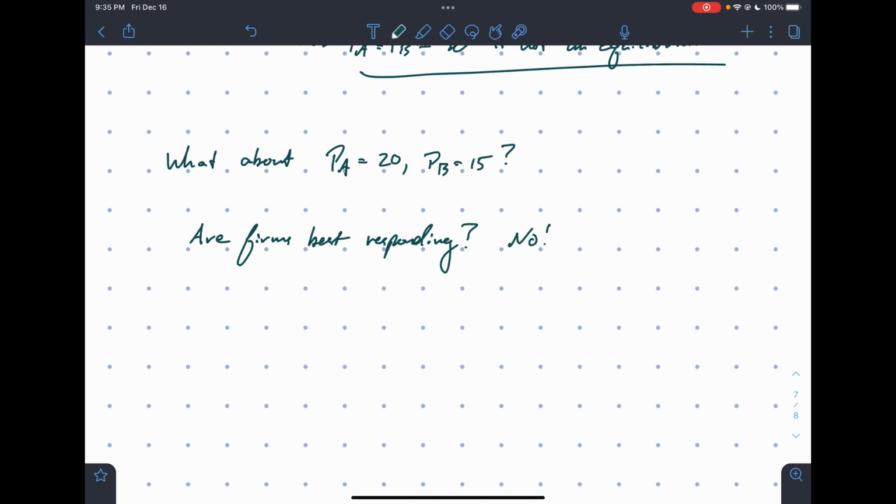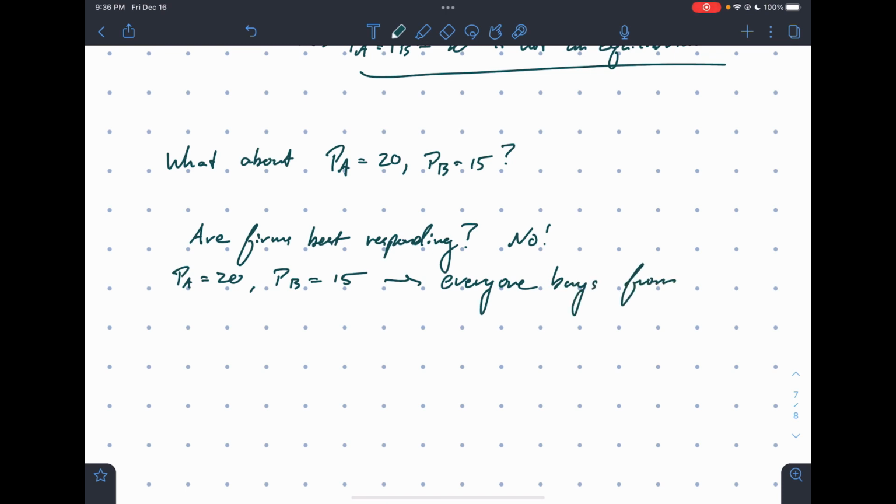Okay, so to think about why, let's look at what firms are getting. Everyone's currently buying from B. Firm A is getting nothing.